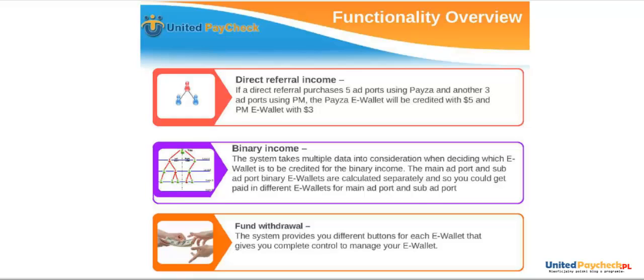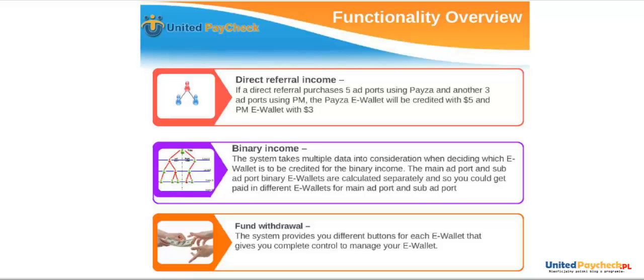So if a direct referral purchases 5 ad ports using Payza and another 3 ad ports using PM, the Payza e-wallet will be credited with $5 and the PM e-wallet would be credited with $3.